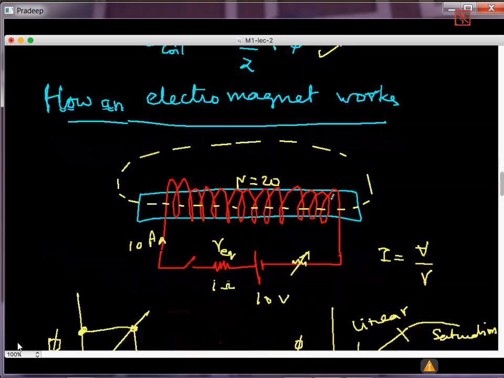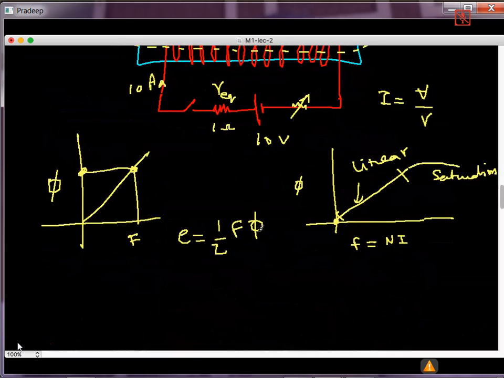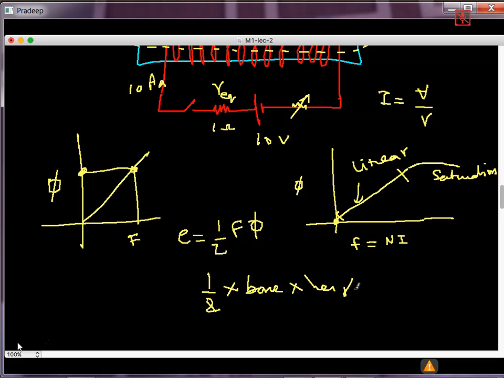What is the area of a triangle? Half into base into height. Looking at this triangle, the base is F and the height is flux, so this area represents the energy stored.